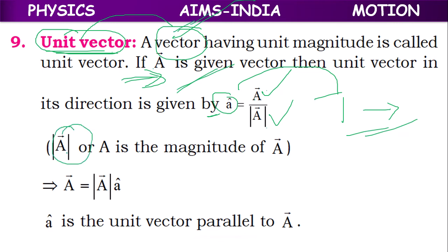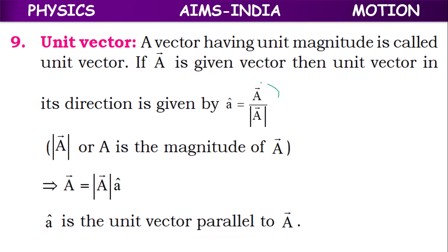So modulus of A bar, or only A without bar and arrow mark, is called the magnitude of A vector.